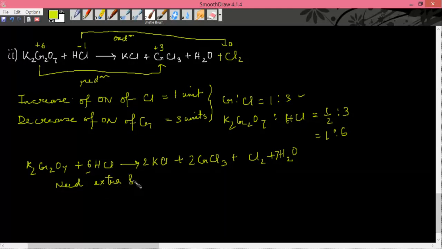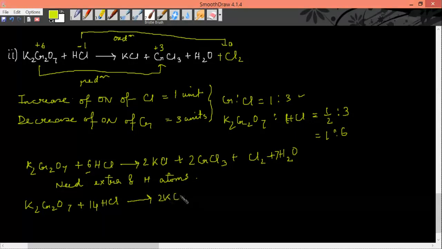And this hydrogen comes from HCl, that means we need an extra 8 HCl, which comes out to be K2Cr2O7 plus 14 HCl. 6 plus 8 means 14 HCl, which gives 2 KCl for 2 K, 2 CrCl3 for 2 chromium, and 7 H2O for 7 oxygen.